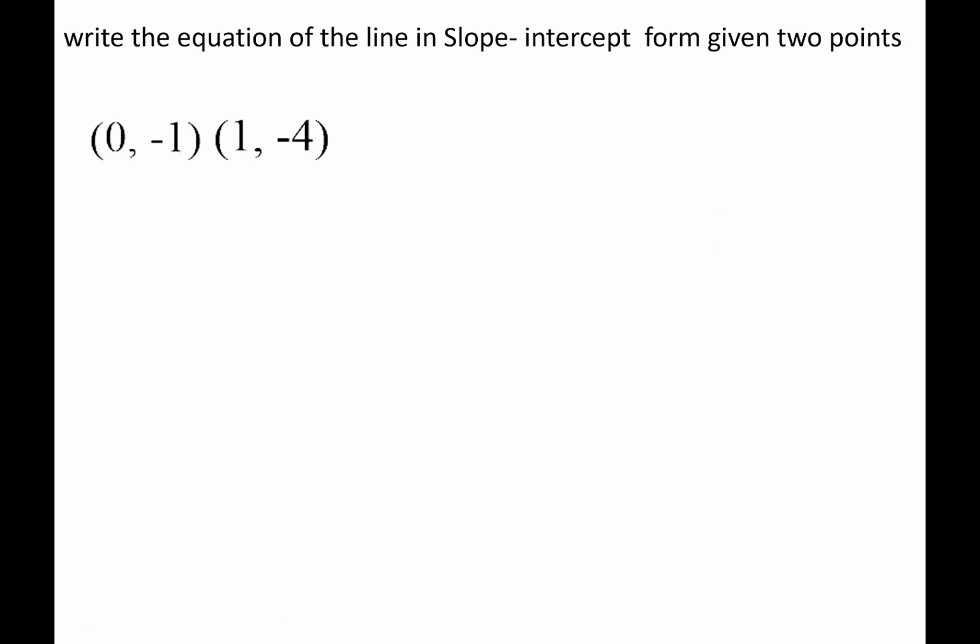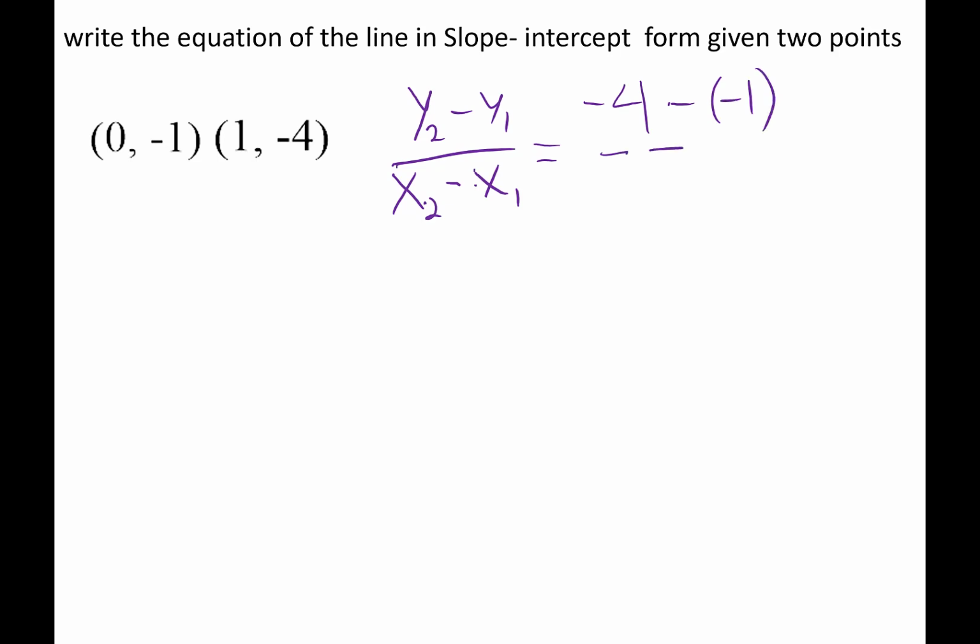Remember, slope formula, y2 minus y1 over x2 minus x1. So I'm going to do -4 minus a -1 over 1 minus 0.